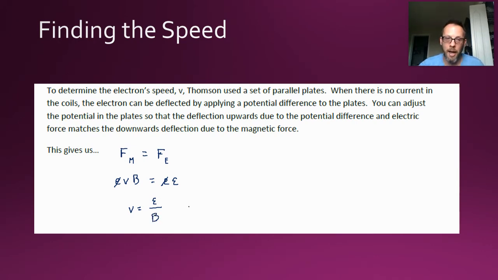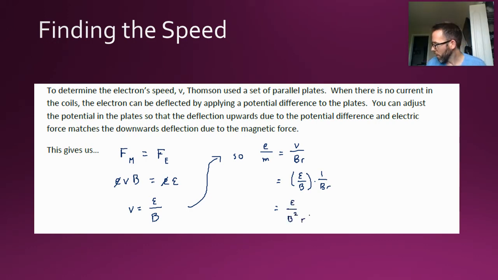So if we go back to what we had for the ratio of charge to mass, remember we had v over Br. Well, now we can replace v with ε over B, times 1 over Br. So we get e over m equals ε over B squared r.